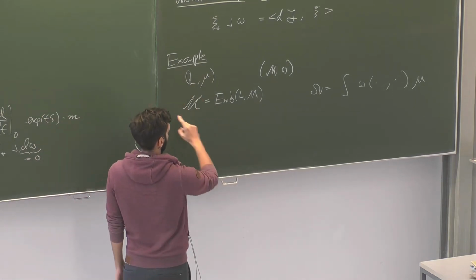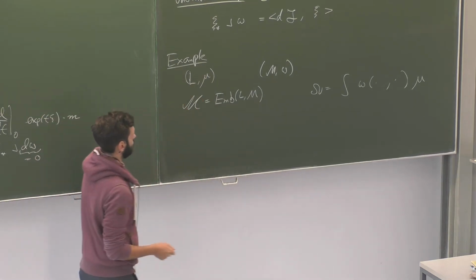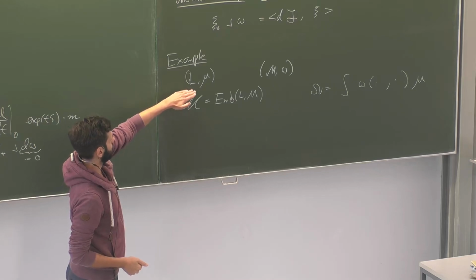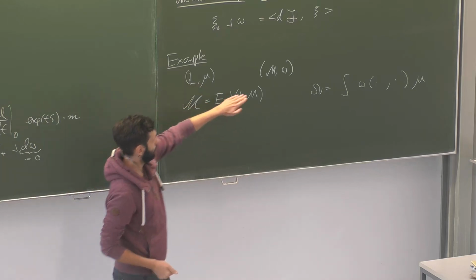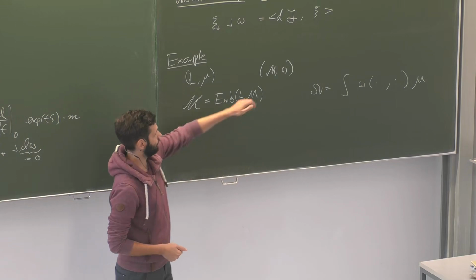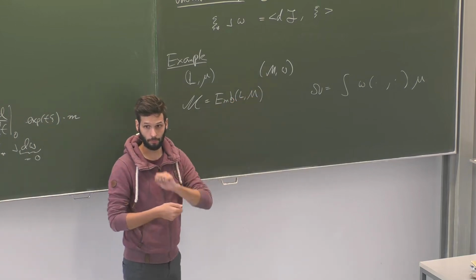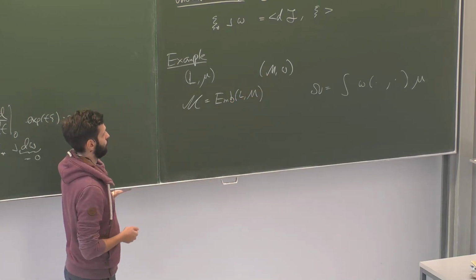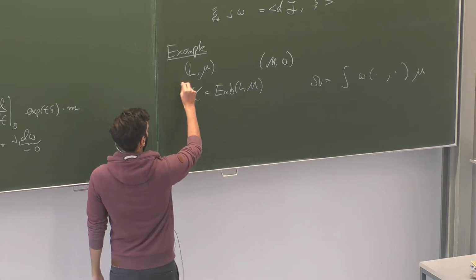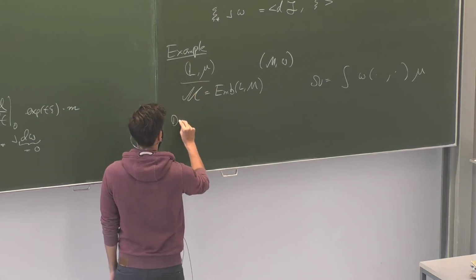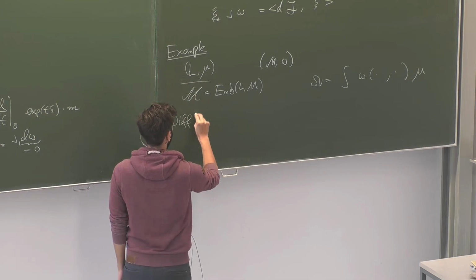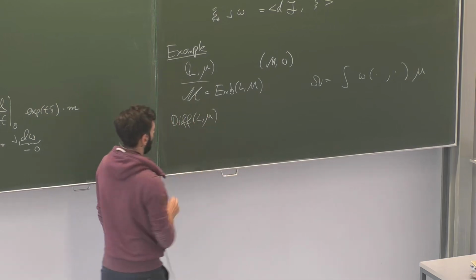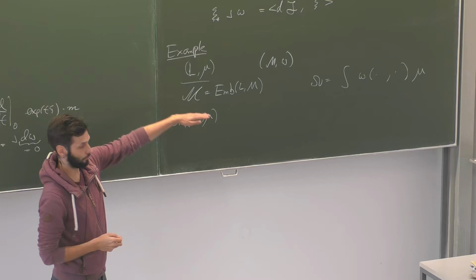And now on that space of embeddings, you have two actions. One of them is of the diffeomorphism group of L, which is by reparameterization, and then also one by M, by post-composition. So let's look at this action here. And you can calculate that this action is symplectic, so it preserves the symplectic form.